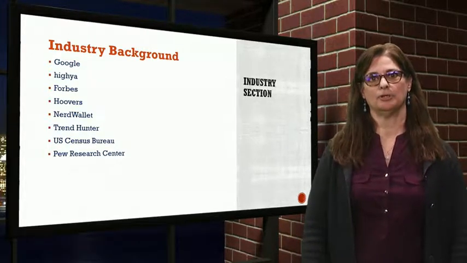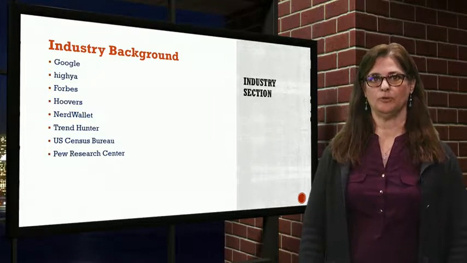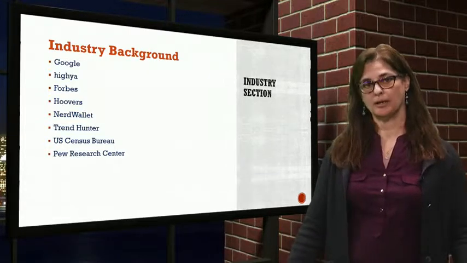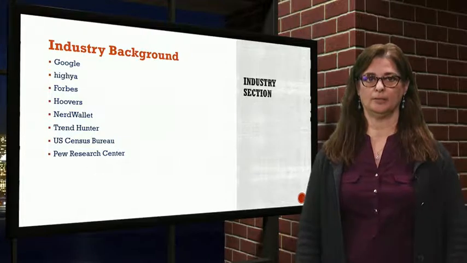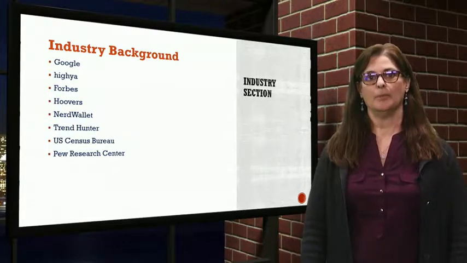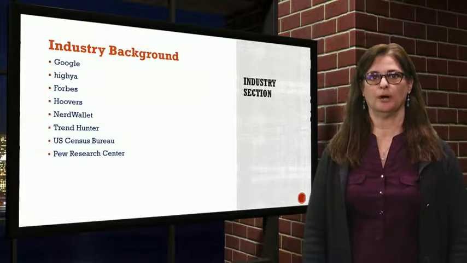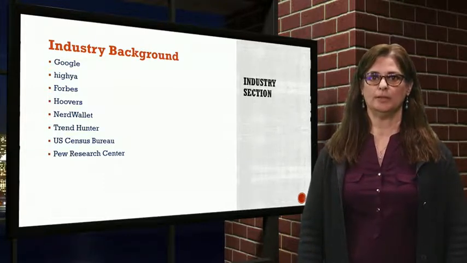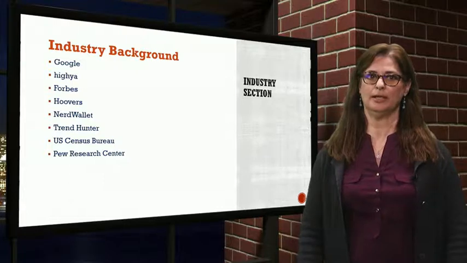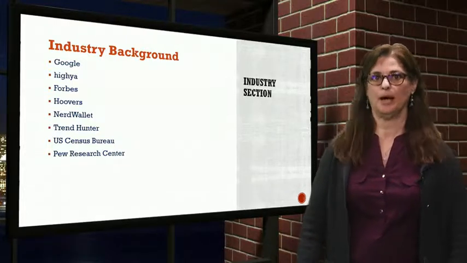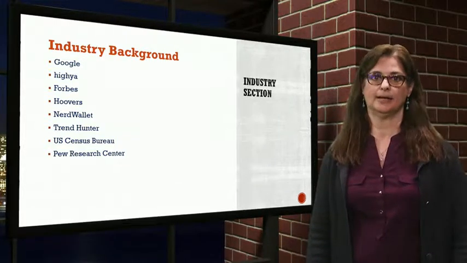NerdWallet is a personal finance app which might be useful information for some products, depending on what your product is and what your market is. Trend Hunter is another one that might be useful for certain products. It's a trend spotting community, so it mostly relates to style, gadgets, tech, pop culture, art, design, things like that.